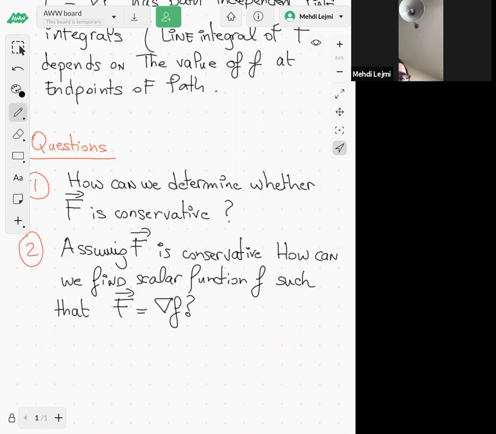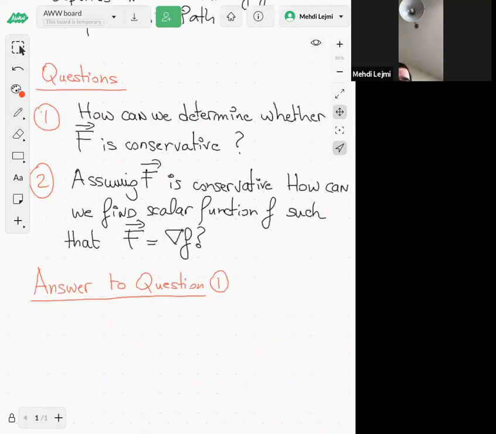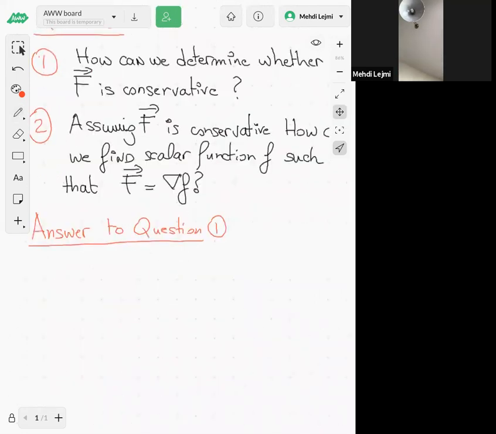So we said, suppose that the domain of the vector field F, capital F, is simply connected.